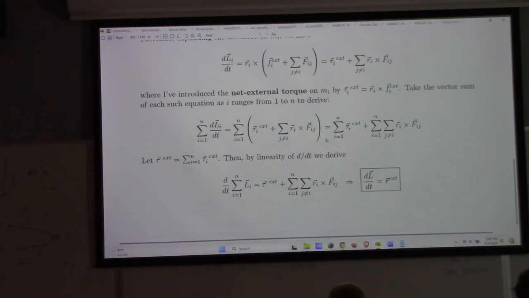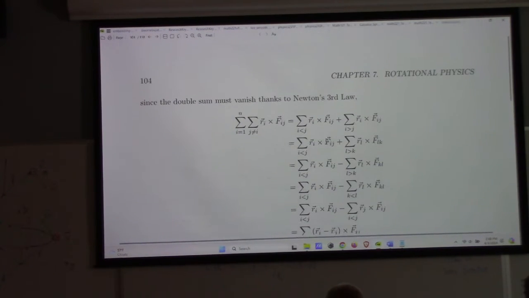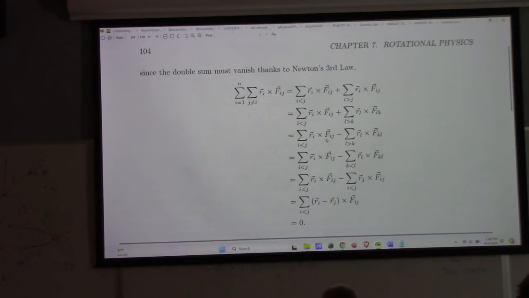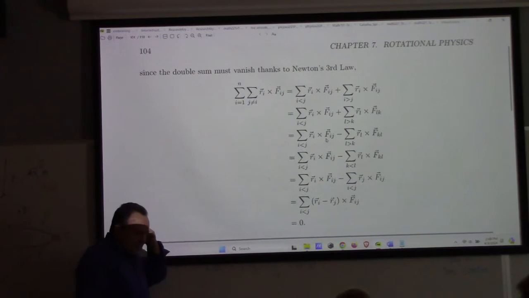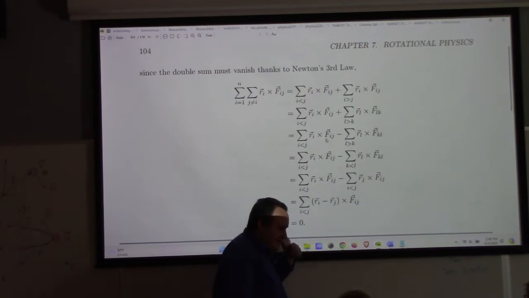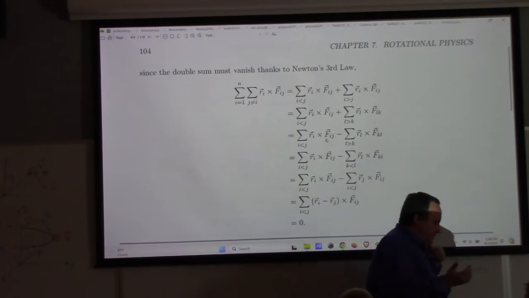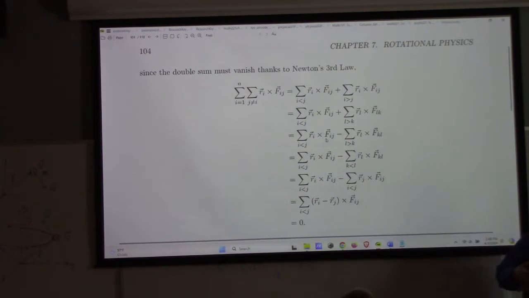If you remember in the previous story arc, when we proved that the total momentum is conserved, I did a very similar calculation where I split the sum over i not equal to j into i less than j and j less than i. And then I relabeled them, and I used that F_ij is equal to minus F_ji, and it just went to 0. It didn't quite happen here.